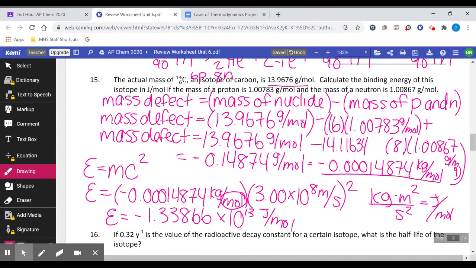That's our unit for energy. We need to round that to 3 sig figs because of our speed of light. So let's round that to 1.34 times 10 to the 13th as our final.